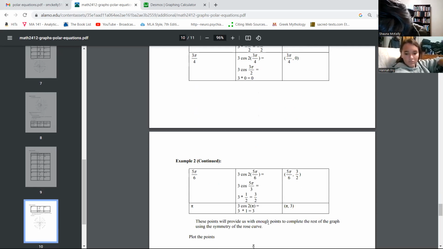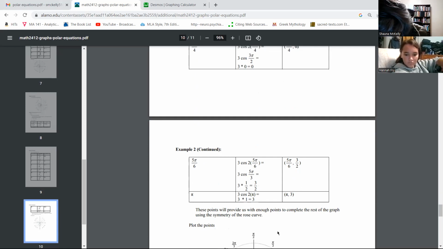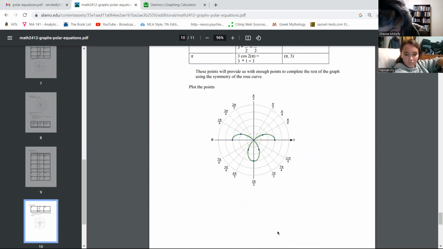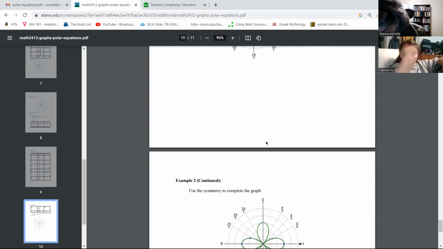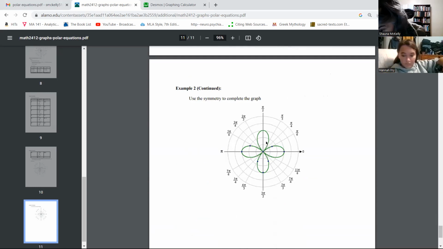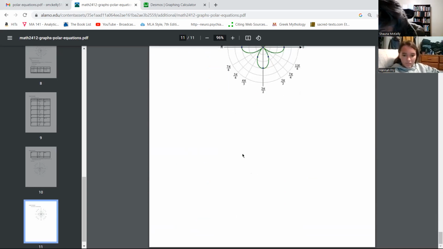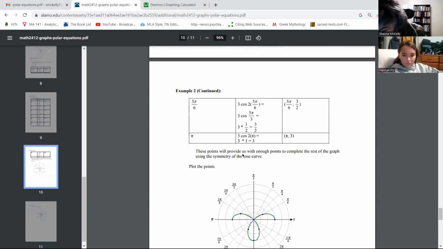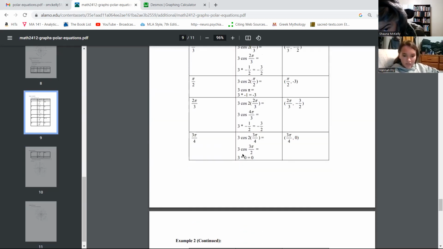The points will provide us with enough points to complete the rest of the graph, and you can begin to see it. When you plot these points, you know how many petals you should have. So you know how to complete the rose curve, and there are 4 of them. Because there's 1 above, 1 below, 1 over here, and 1 here. So symmetry will help you to complete some of that.